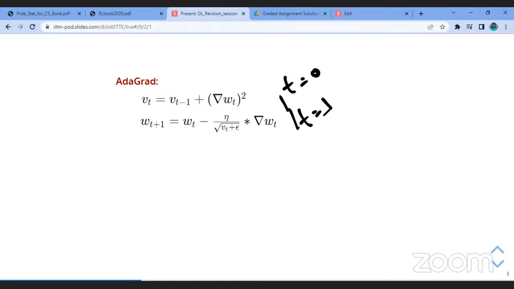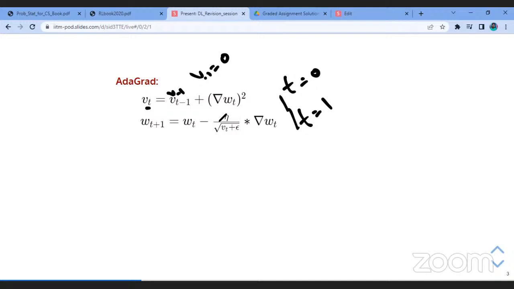So how do you figure out whether we are using t is equal to 0 or t is equal to 1? Either we can explicitly mention the iteration starts from t is equal to 0, or we don't mention that. Instead, we may give you, say, v minus 1 is equal to 0. When I say v minus 1 is equal to 0, it automatically implies that t starts from 0, because the moment you put t is equal to 0 here, you end up with v minus 1.